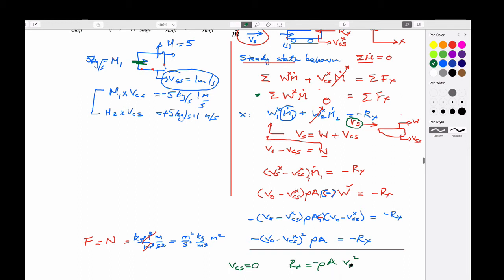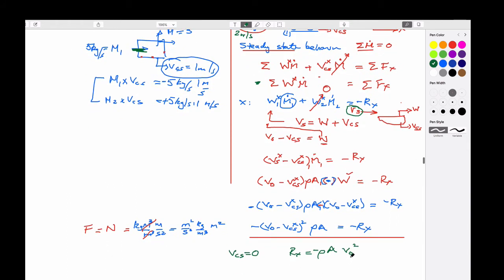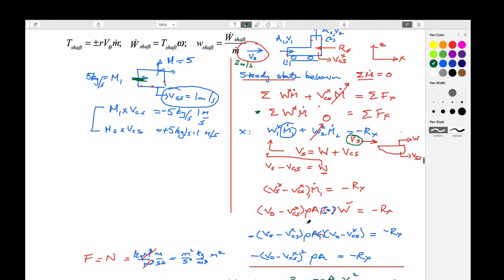V0 is in the positive x direction, so if this is 2 meters per second, then this is equal to plus 2 meters per second squared, times area, density. Negative means that this is minus Rx. So this will give us a value of minus Rx, which is negative, which means that Rx should be positive, which means it should be acting in this direction.